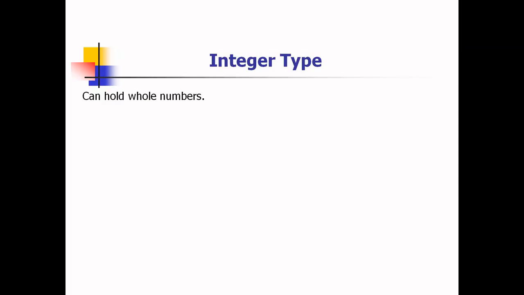Integer type can be used to store whole numbers. For example, the numbers 5, 10, 20, 25. All these are whole numbers and these numbers can be stored in a variable of type integer.